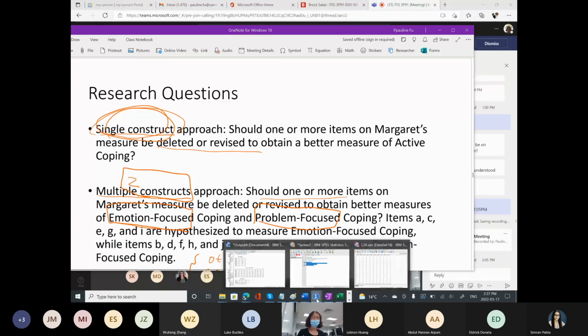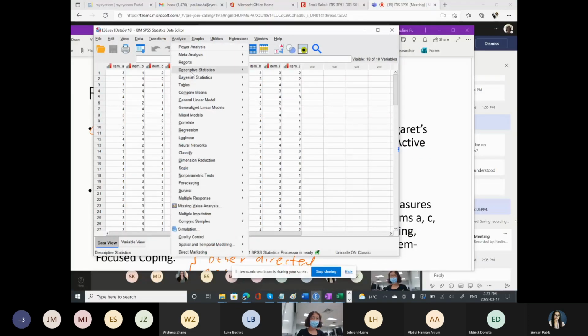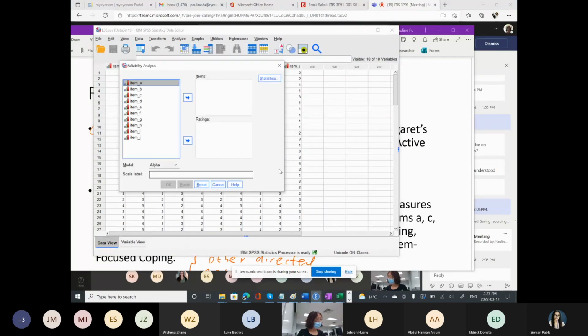Okay, so you do Analyze, Scale, Reliability Analysis. And then you press and hold down Shift, then select the last item so that you select all items, by pressing and holding down Shift and clicking this arrow.